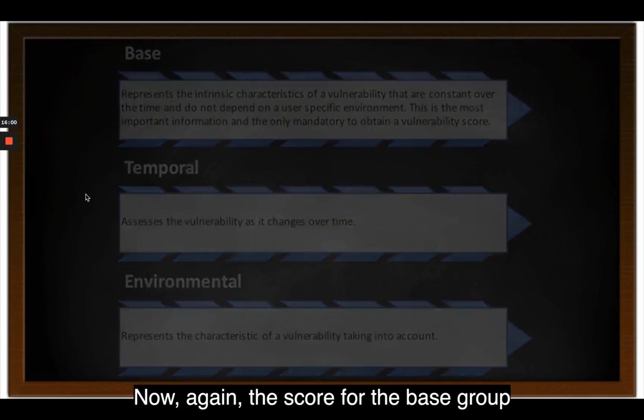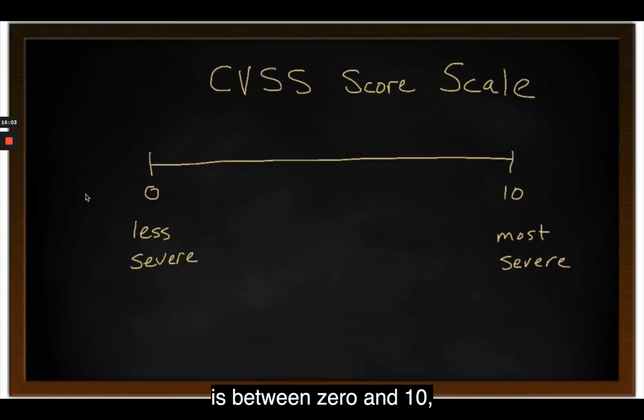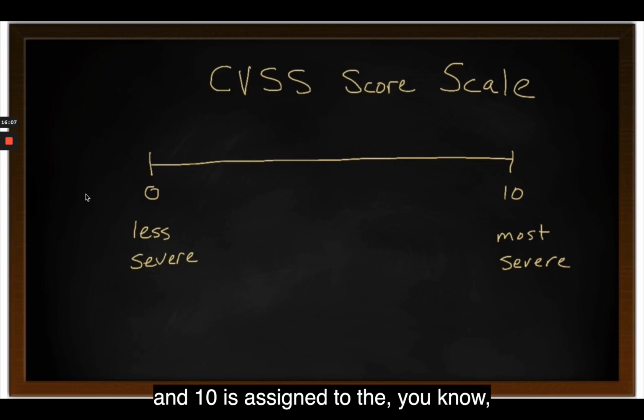Now, again, the score for the base group is between 0 and 10, where 0 is the least severity and 10 is assigned to the highly critical vulnerabilities, right?